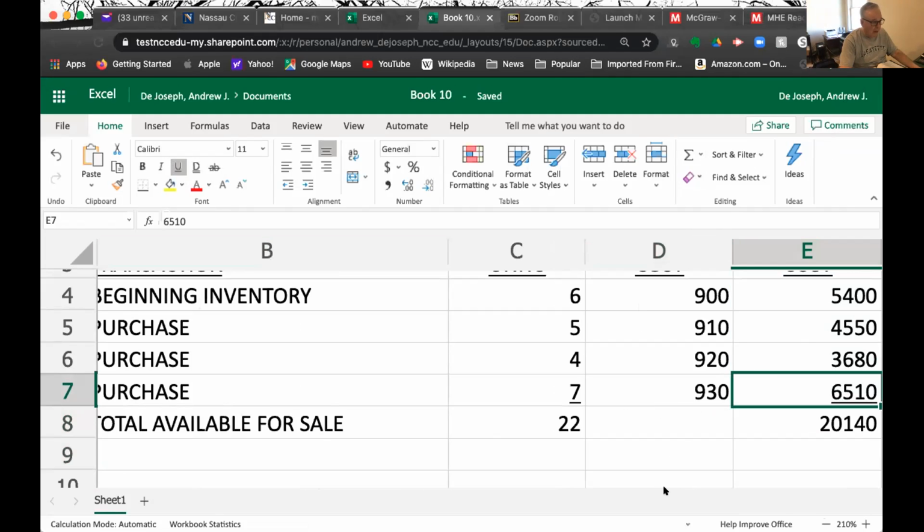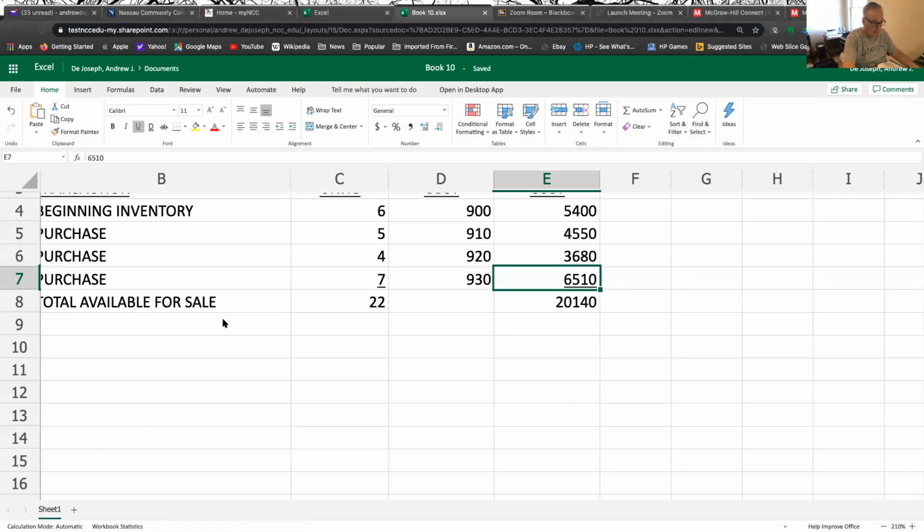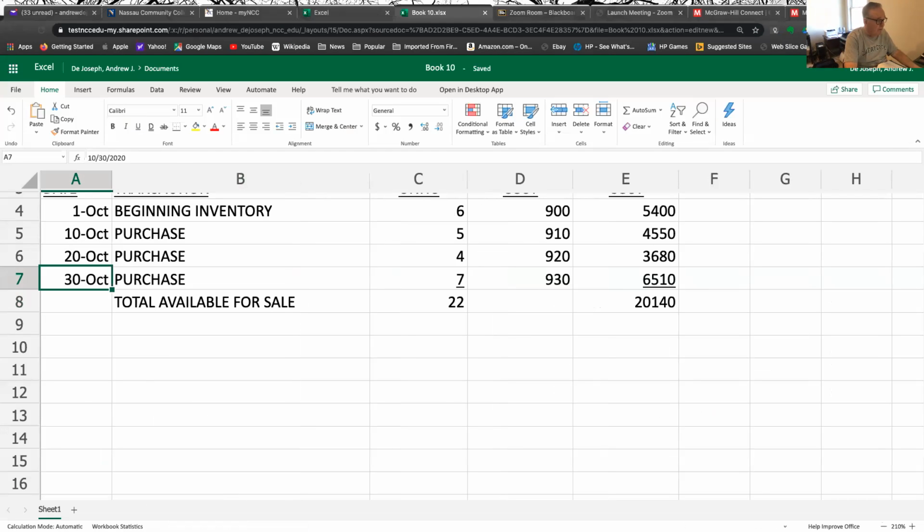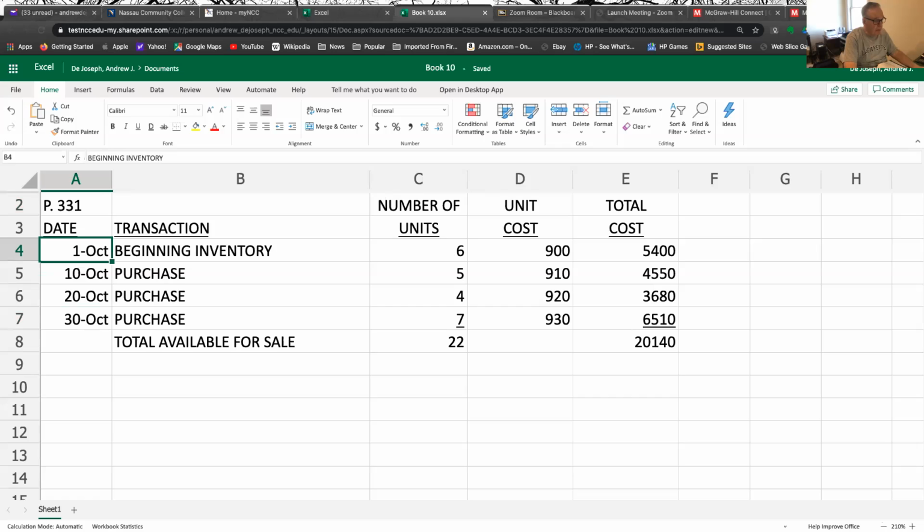I don't have to add this column up. So I started out with 6 units, I bought 5 more, 4 more, 7 more. I had a total of 22 units. At some point, there were 22 units in the store available to sell. I paid different prices for each one. So what did those 22 units cost me? They cost me $20,140.